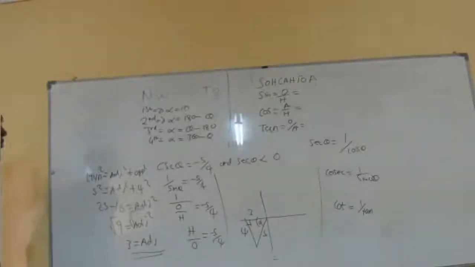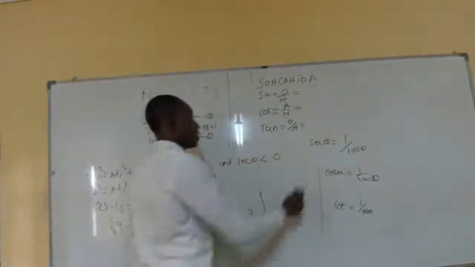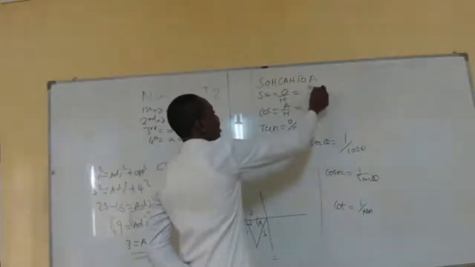Now that we know what the adjacent side is, we can find the rest of the trigonometric identities. Sine theta is opposite over hypotenuse. Opposite is 4, hypotenuse is 5, so this is 4 over 5.